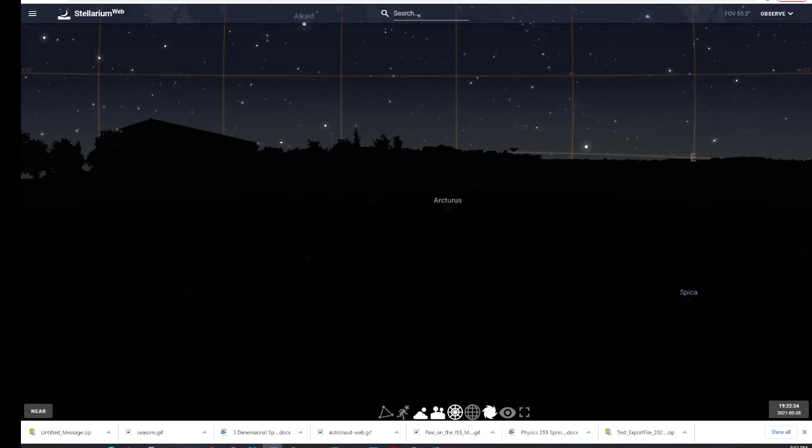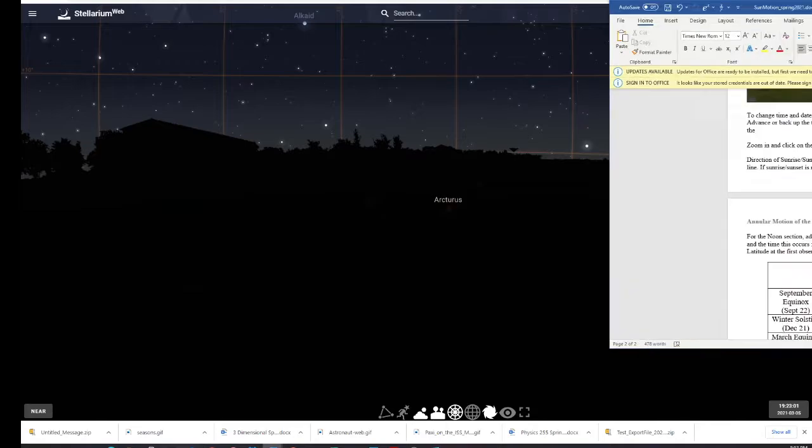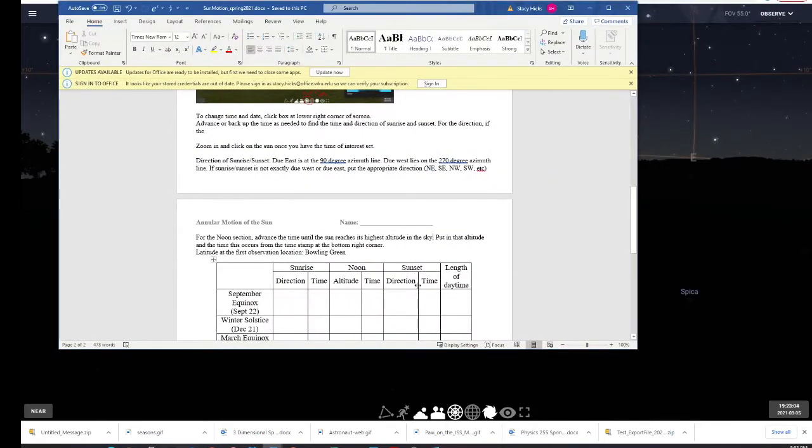But it typically occurs between the 19th to the 20th, 21st of March for the spring equinox, and around 21st, 22nd of September for the fall equinox, right? So I've estimated the dates for this exercise.